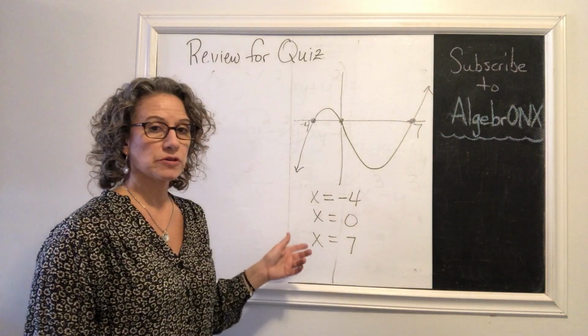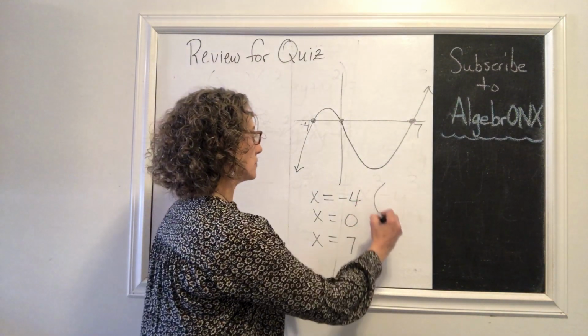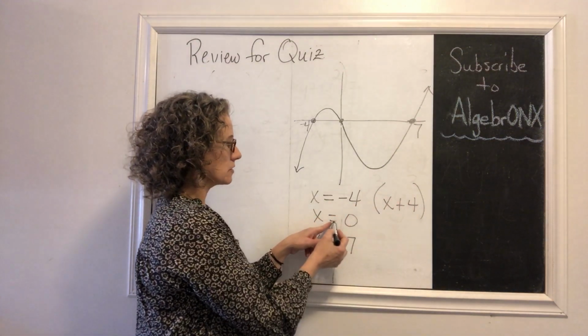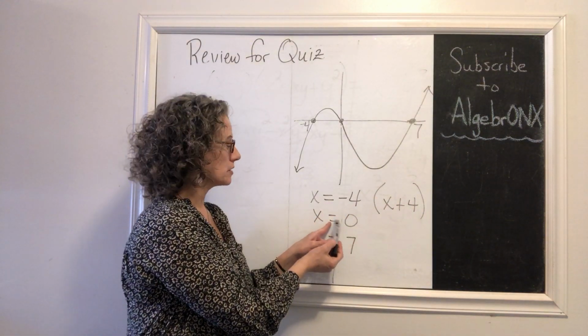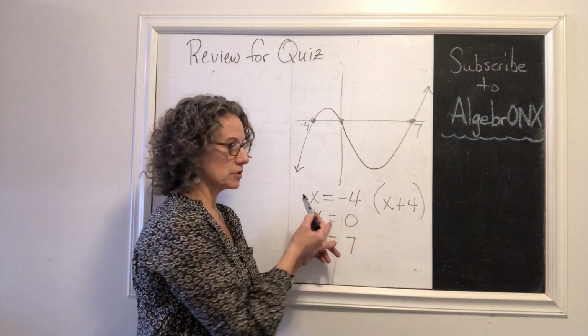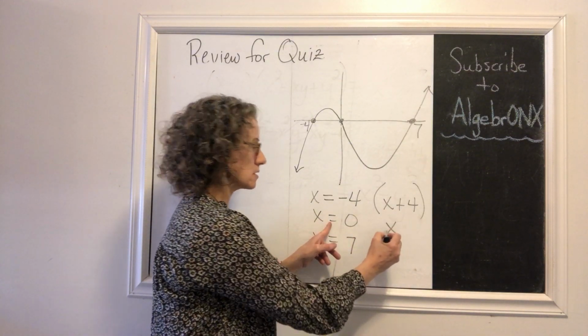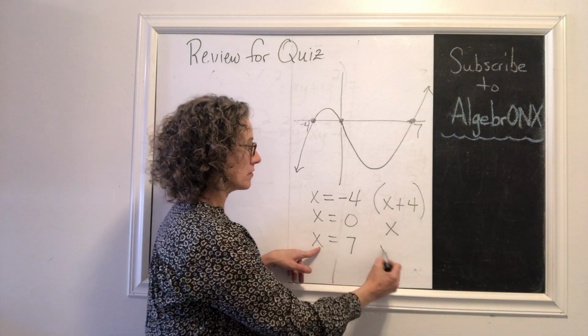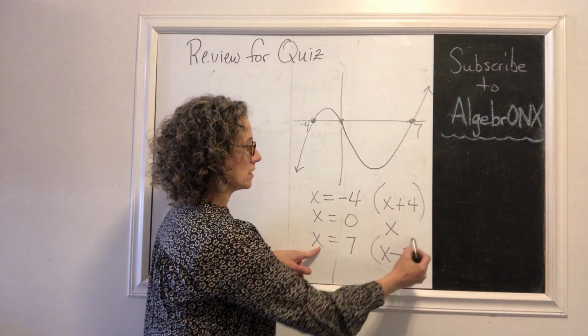The next step is to turn these into factors. The factors for this one are x plus 4, and for x equals 0, if I take x minus 0, it would just be x, so x is a factor. This one subtracts 7, so it's x minus 7.